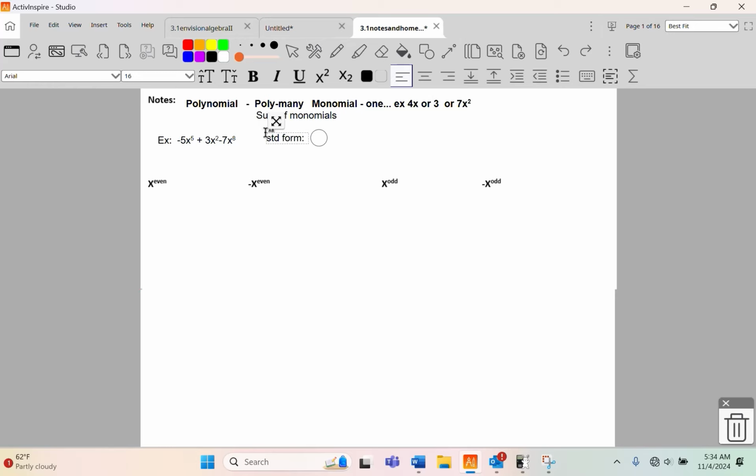In standard form, you put the highest exponent first. So the standard form would be negative 7x to the eighth minus 5x to the fifth plus 3x squared. All right, now the leading term in standard form is called a power function.